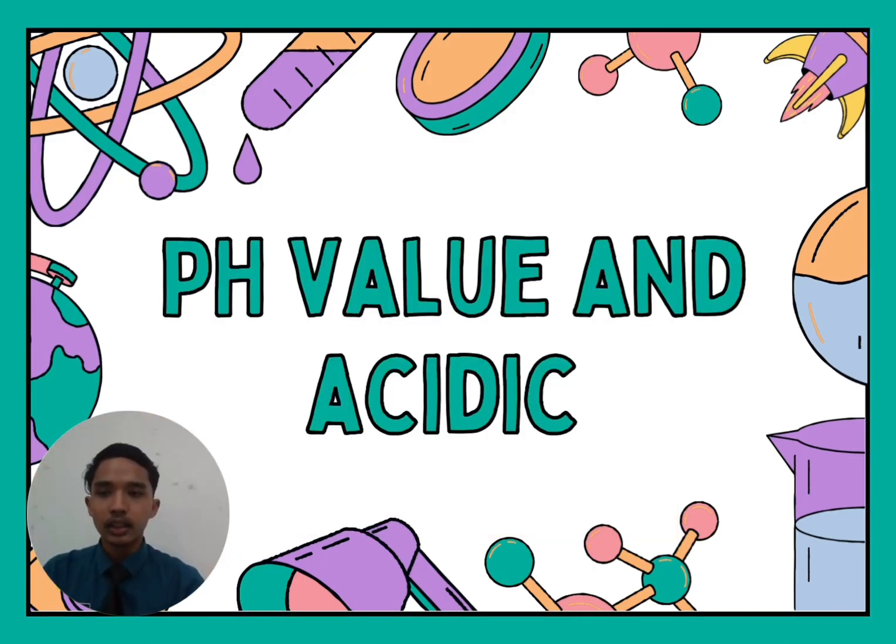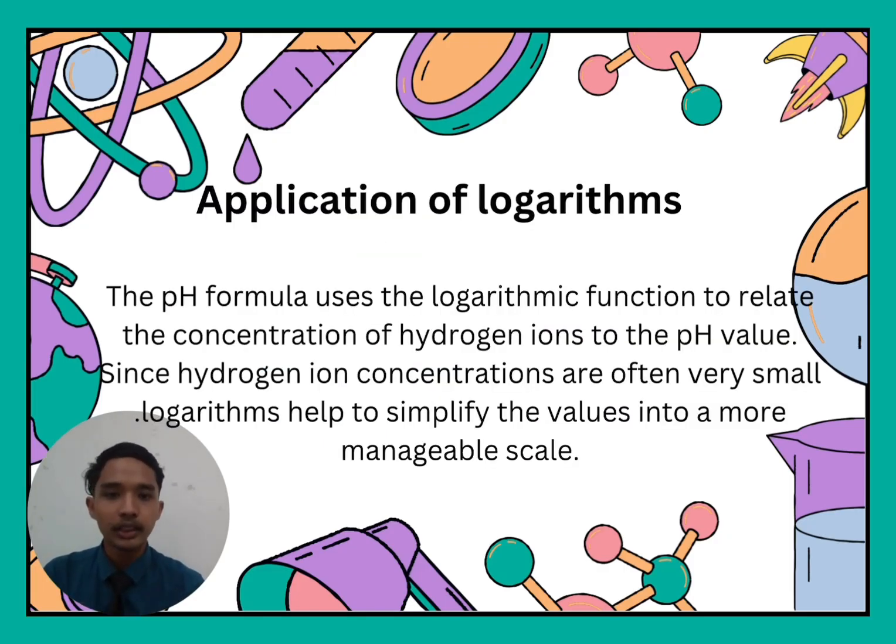Okay, next, the application of mathematics in chemistry is that we use it to find the base value and acidic. Application of logarithm. The pH formula uses the logarithmic function to relate the concentration of hydrogen ion to the pH value.